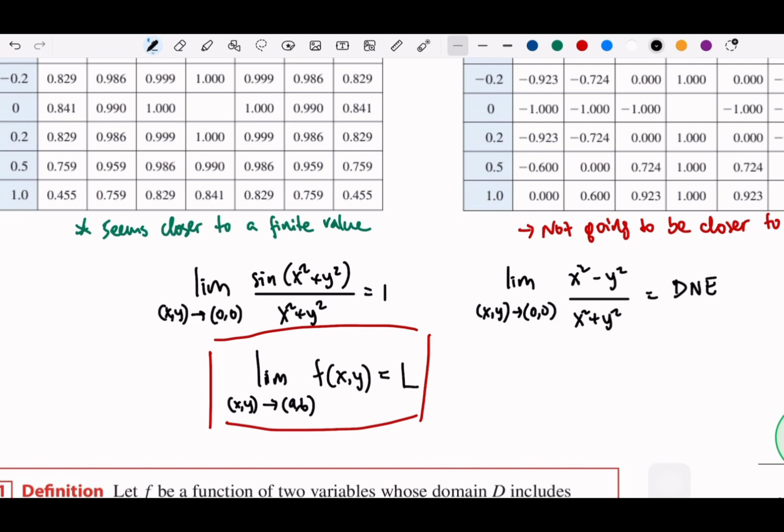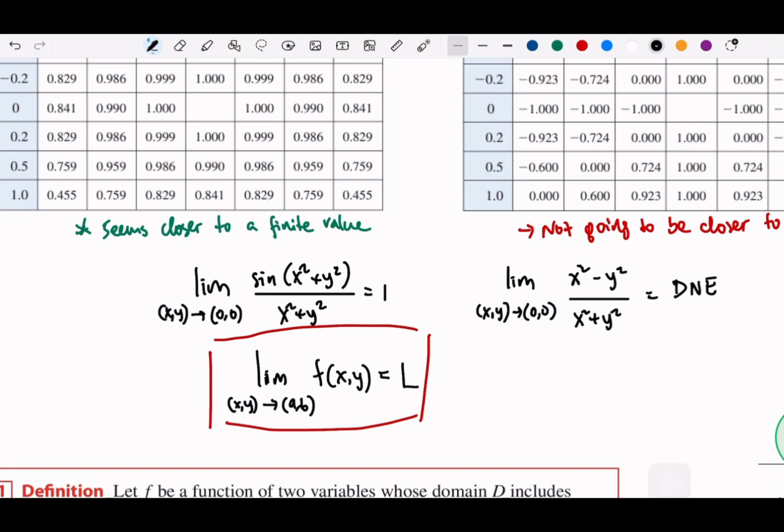This is also true if we try to write a more precise definition using the epsilon-delta definitions. But now we are including y. So we can make the values of f as close to L as we like by taking the point (x, y) sufficiently close to the point (a, b), but not equal to (a, b).